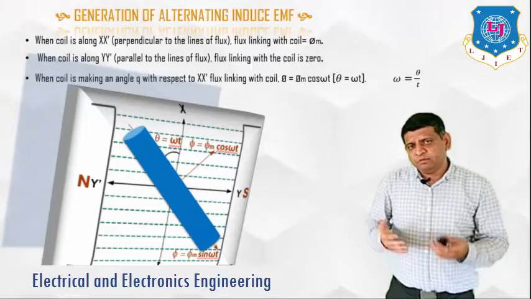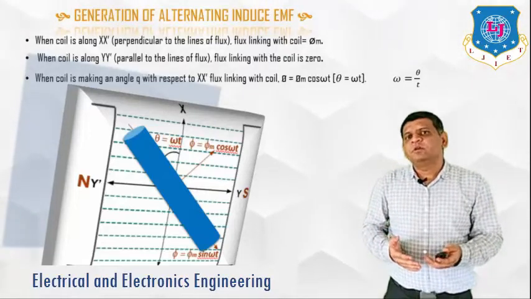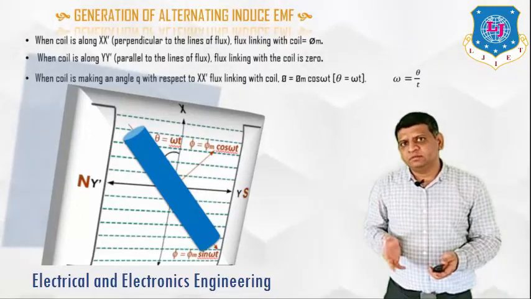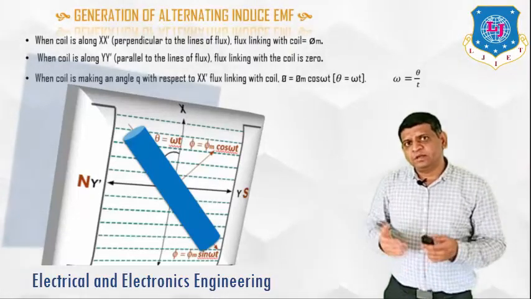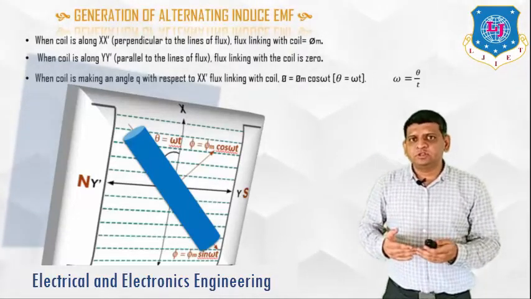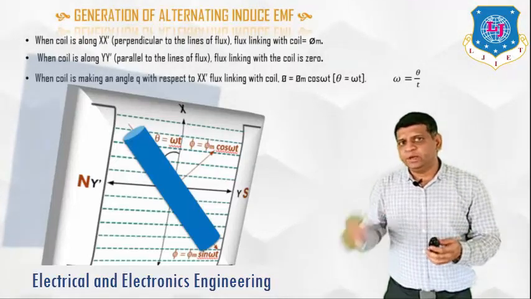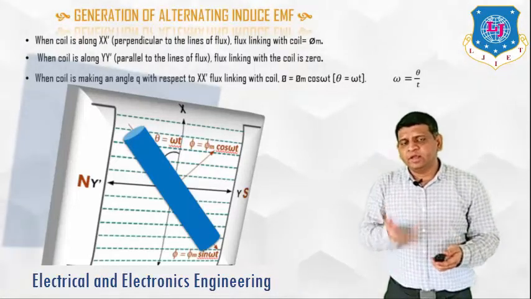So ultimately, once this conductor is rotating in an anti-clockwise direction, it will attain the angular positions of angle 0, 90, 180, 270, and then again come to 360.